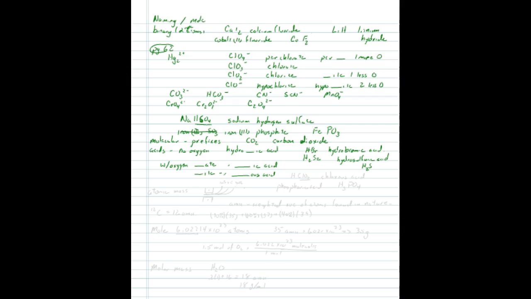So if you have HClO2, ClO2 is chlorite, so this would be chlorous acid.